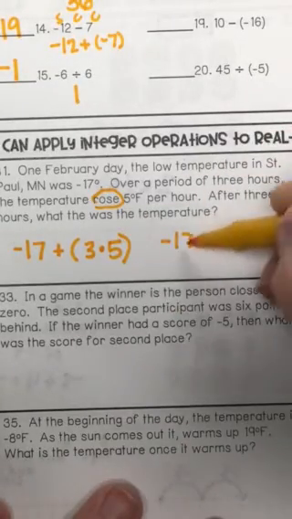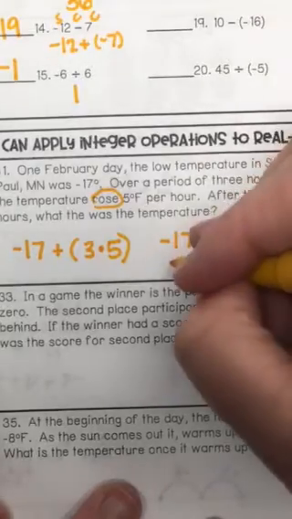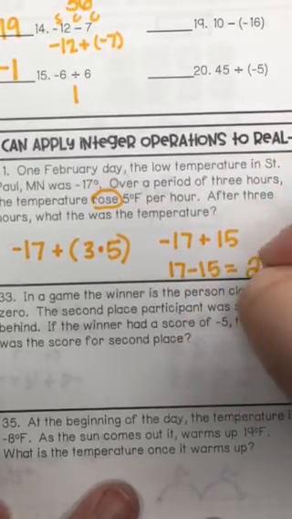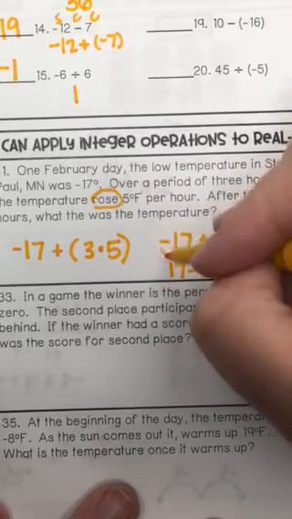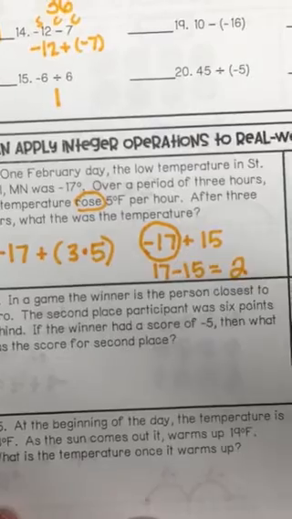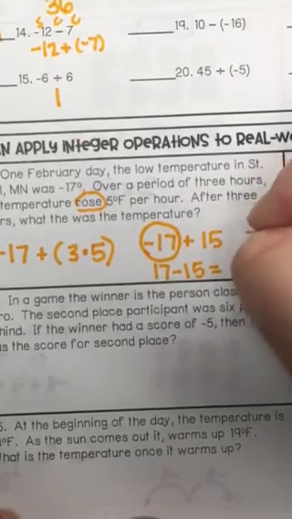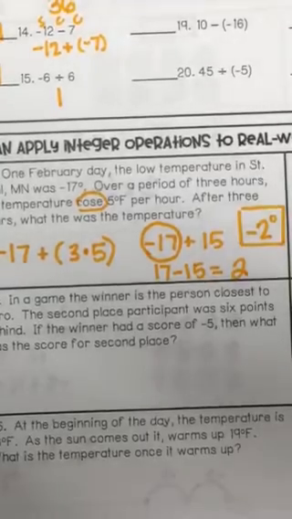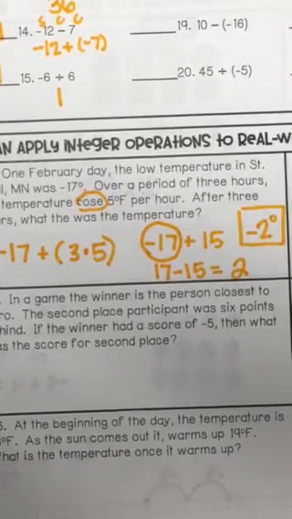So I have an addition problem where my signs are different, so I'm going to subtract. 17 minus 15 is 2. And then I look at the absolute value of my numbers, and negative 17 has the largest absolute value, so my answer is going to be negative 2 degrees. And that is our answer on that one.